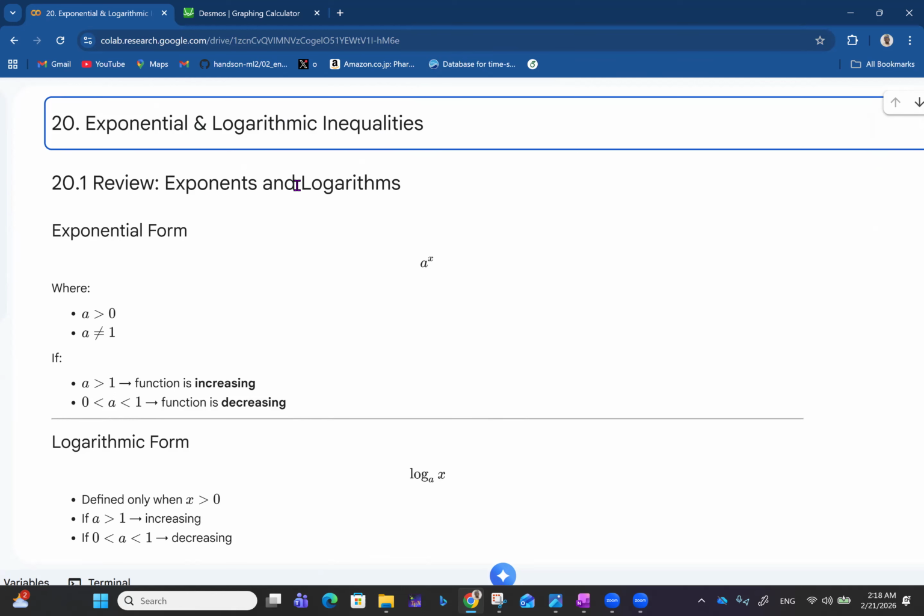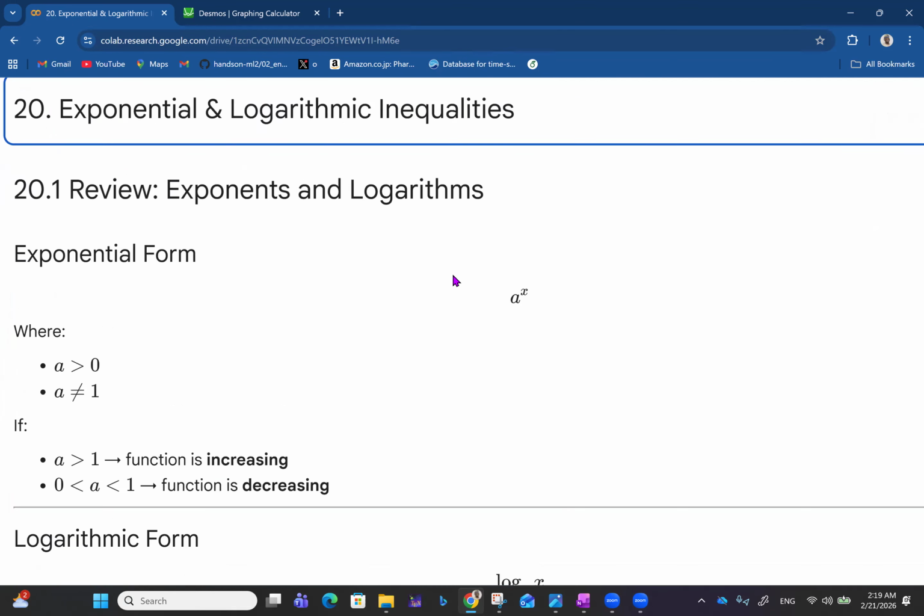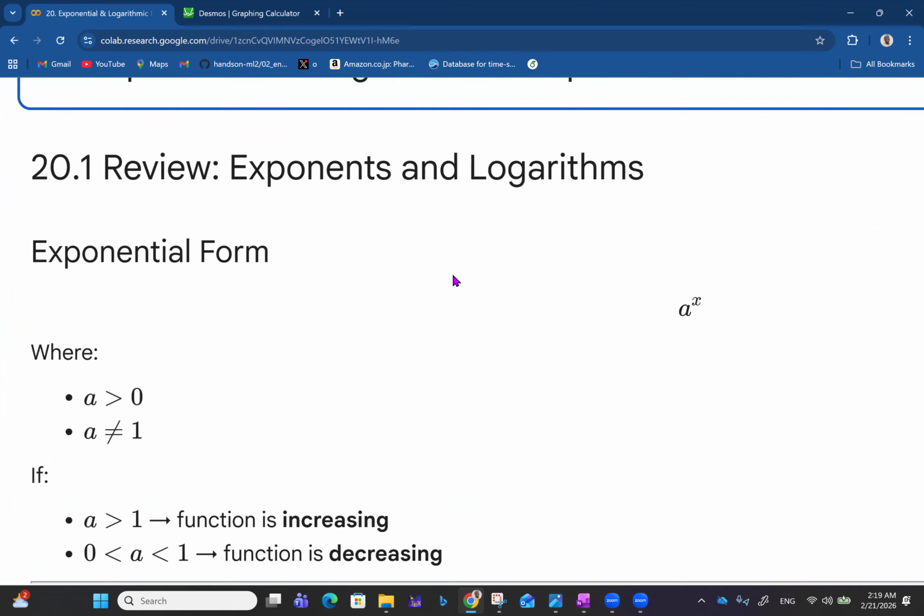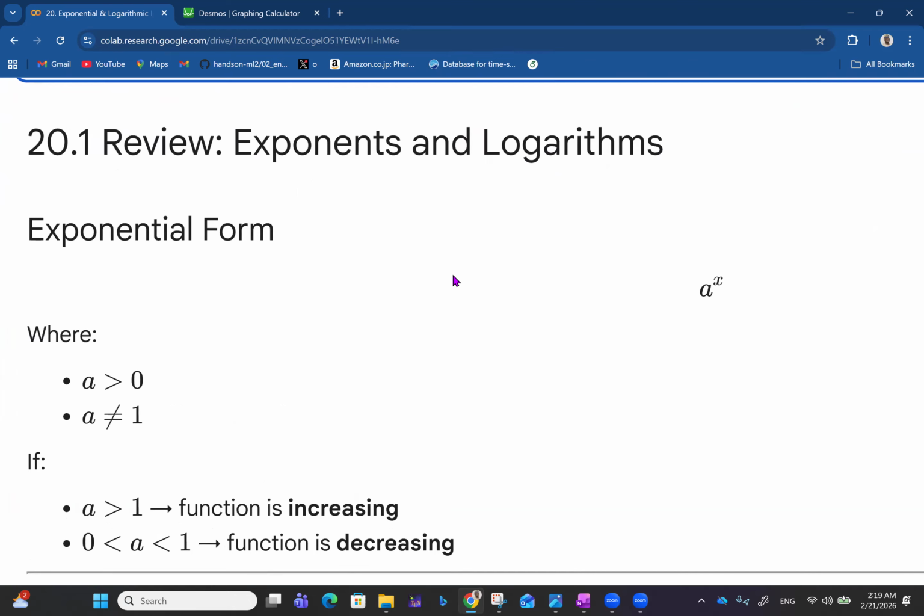First of all, we have a brief review of exponents and logarithms. We have the exponential form a raised to power x, where a is greater than 0 and a is not 1. I think I made a mistake in a previous video to say that to combine these two, we just say a is greater than 1.